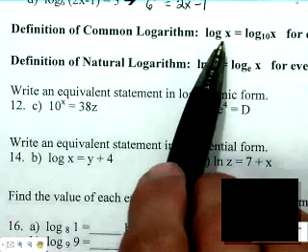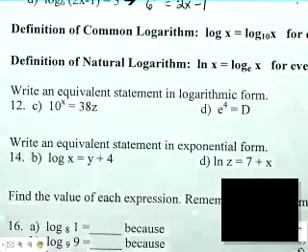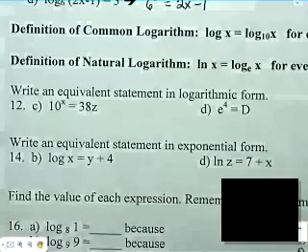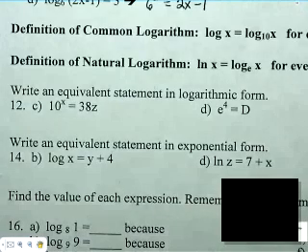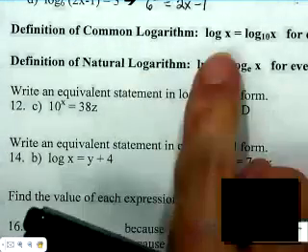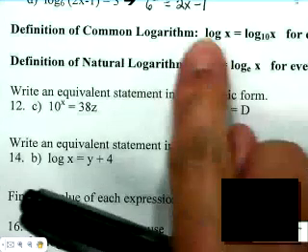Just like if you see an x without a coefficient, it's understood that the coefficient is 1. If you see x without an exponent, its exponent's understood to be 1. If you see log without a base, its base is understood to be 10. Log of x is just an abbreviation for log base 10 of x.